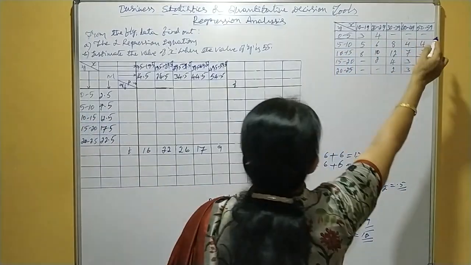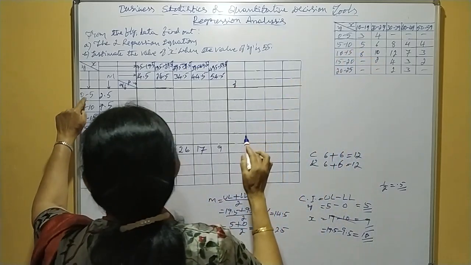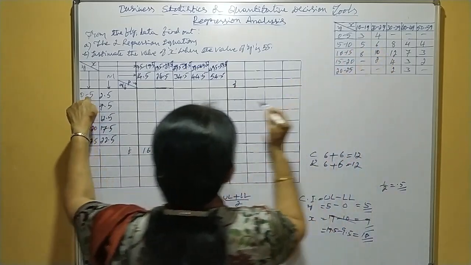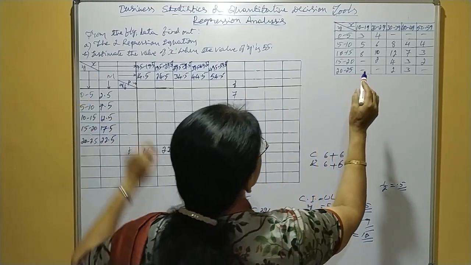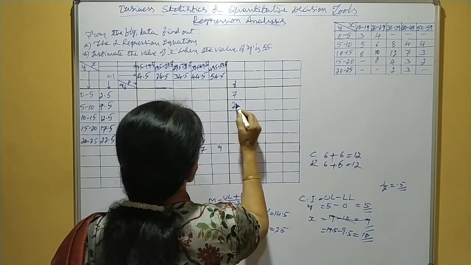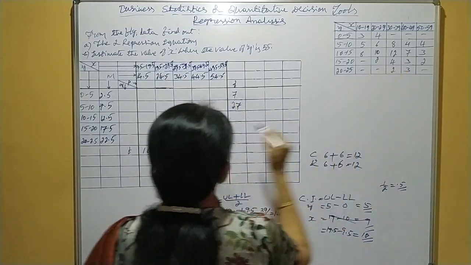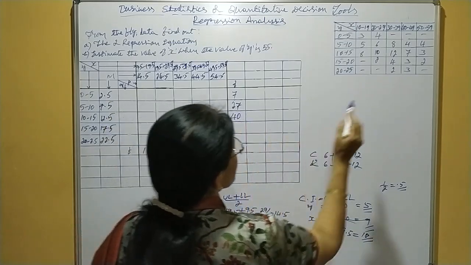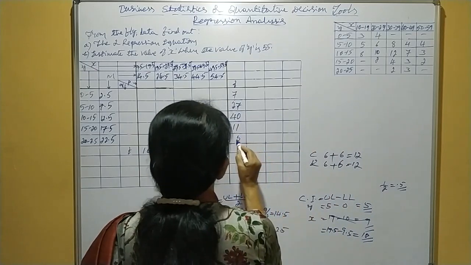Take the rows total to this column. Here first row corresponding to the class 0 to 5. It is 3 plus 4, 7, 27. Next one 40, 11, 5.